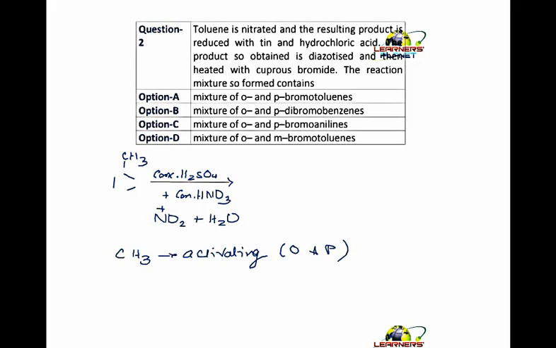See, the products formed would be, there would be NO2 at the ortho position, and there is NO2 at the para position. So this is orthonitrotoluene and para-nitrotoluene. Now this will undergo reduction. See, with what you are going to reduce it? Tin and hydrochloric acid.